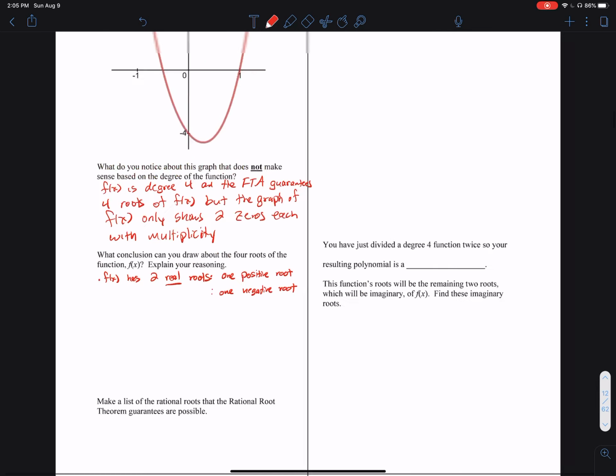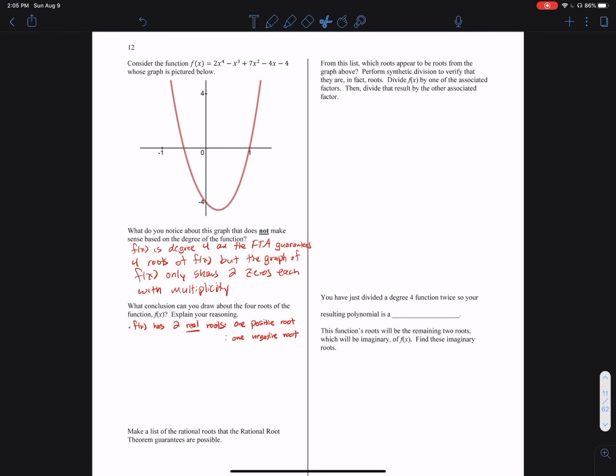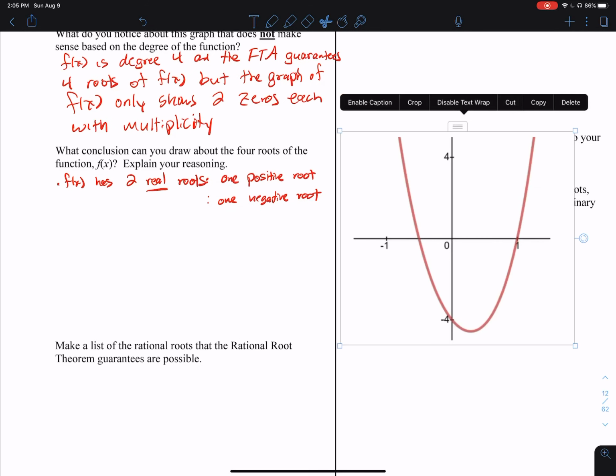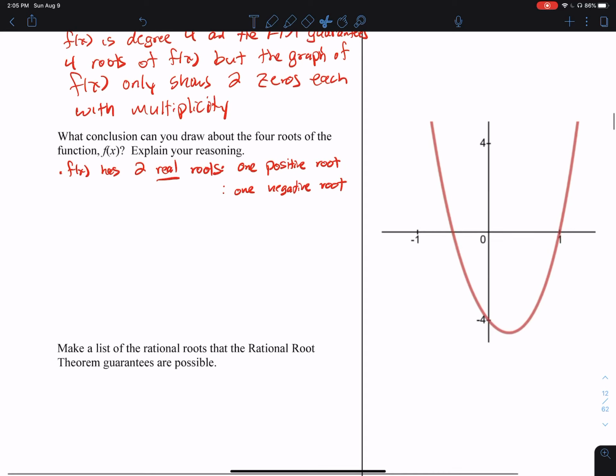Let me bring this graph down here so we can look at it while we're talking about it. We know one's positive, one's negative because it clearly shows: this is the negative one, this is the positive one, each with a multiplicity of 1.